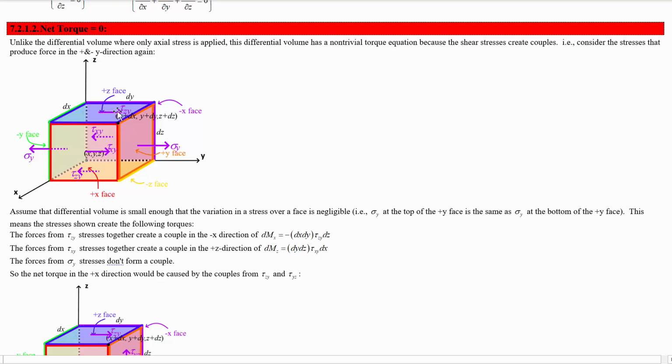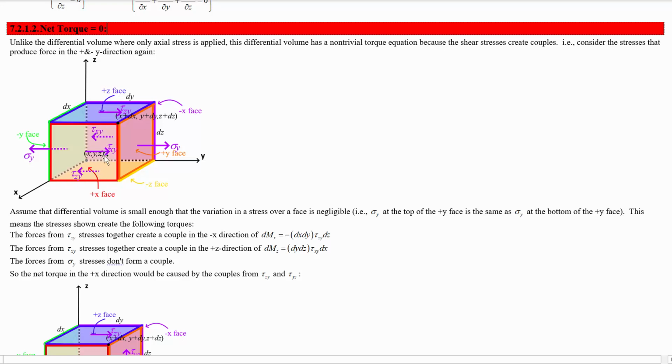The tau zy on the top surface and on the bottom surface here are in opposite directions and don't have the same line of action. So this creates a couple. In fact, they are perpendicular to their line of action here, which has a length dz.